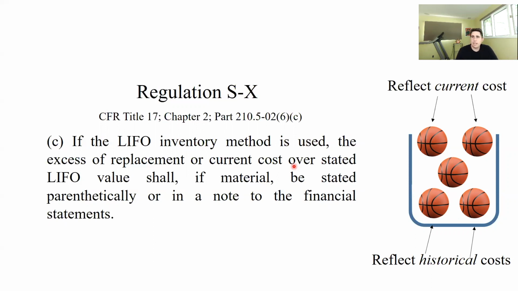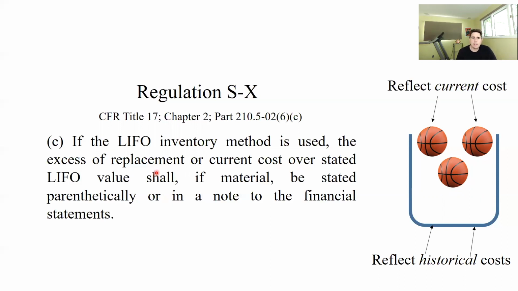So what method is it so that the inventory balance reflects current costs? Well, if we want the ending inventory balance to reflect current costs, we should be getting rid of the older basketballs first. If we get rid of those older basketballs, then the ending inventory that we have left is more reflective of current costs to acquire basketballs.